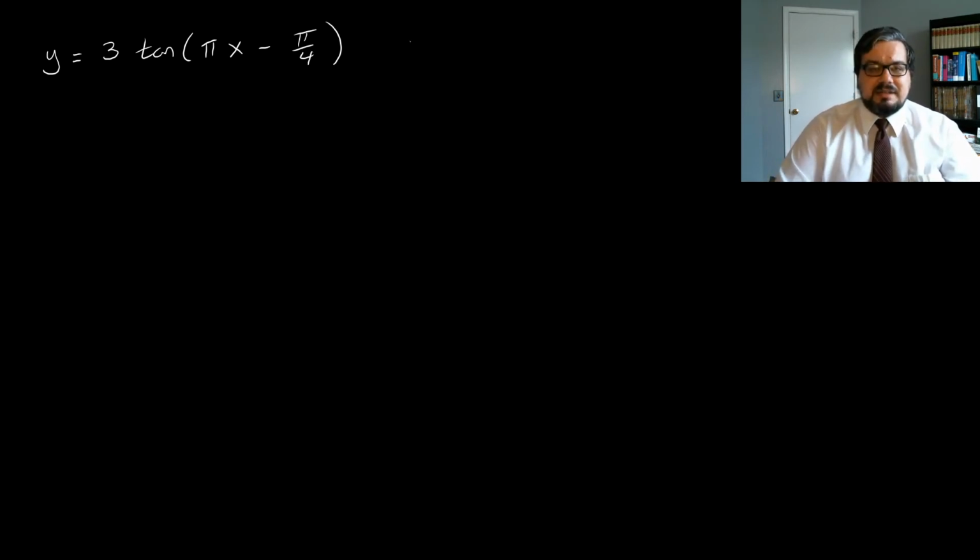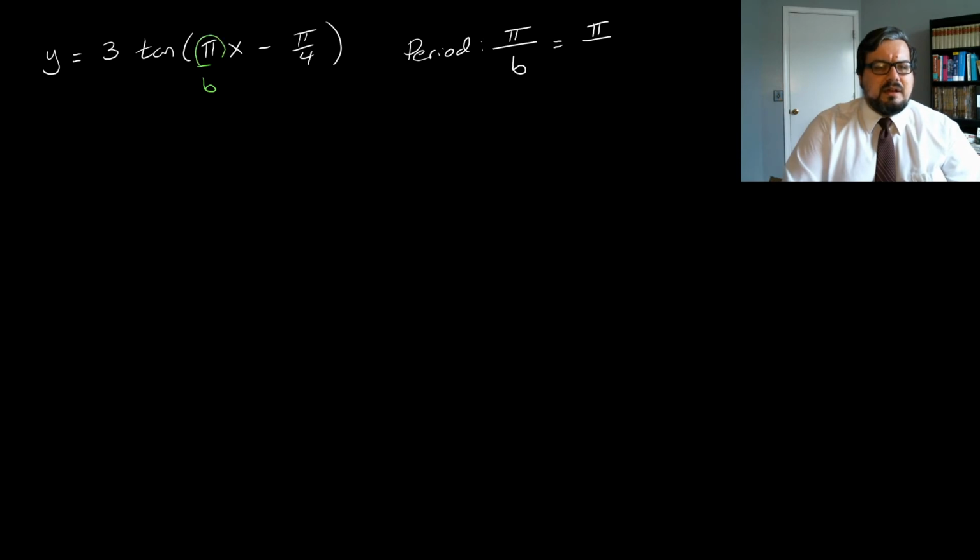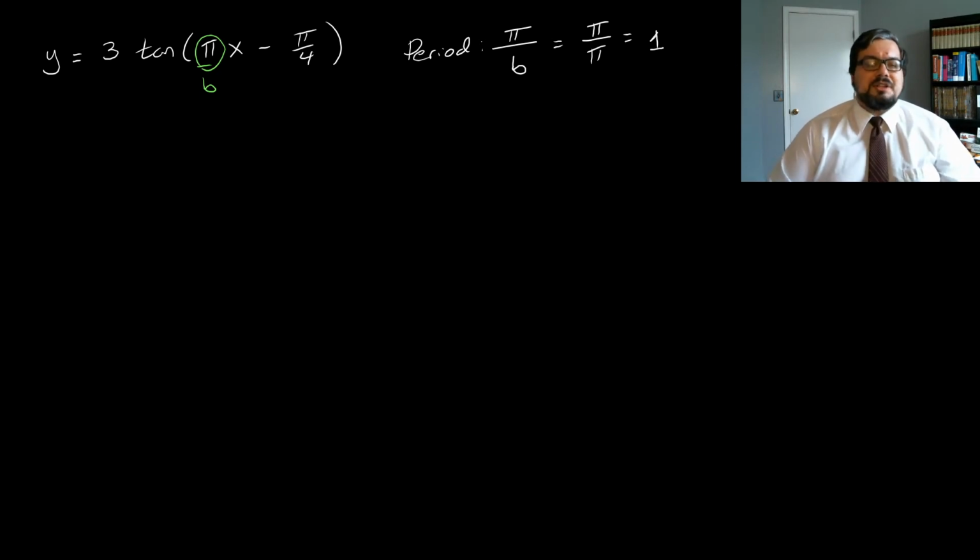Let's suppose that it does. The period of this function is given by pi over b. In this case, b is just pi again. So in this problem, this function has a period of 1. So that's where we start.